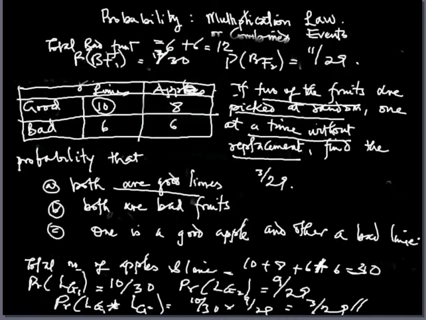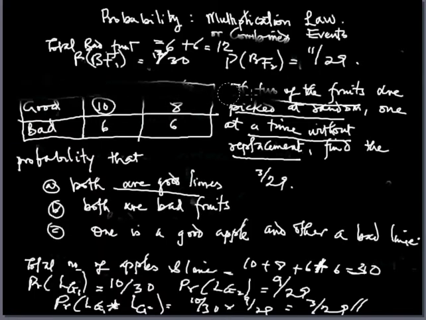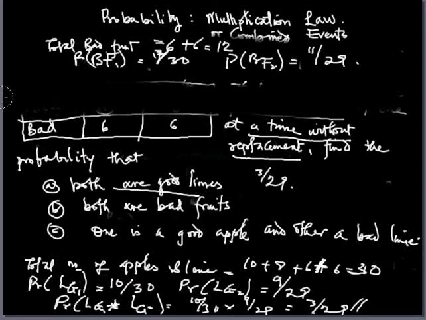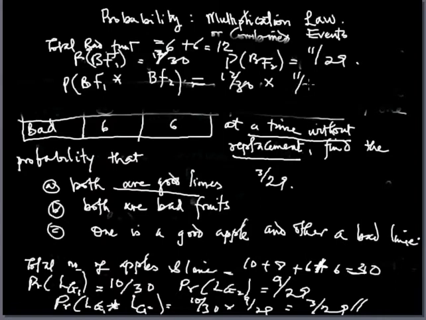If both of them are bad fruits, we are going to do a multiplication, because they are both chosen at the same time. So bad fruit 1 multiplied by bad fruit 2 is 12 over 30 multiplied by 11 over 29, and that should give us 22 over 145.